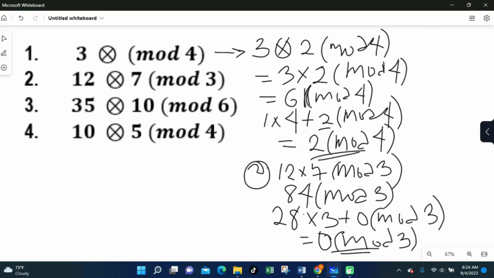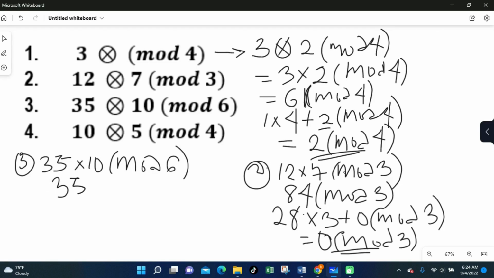Now we're going to go to the third question, which has a higher value. We are having 35 times 10 in mod 6. Now 35 times 10 will give us 350 in mod 6.